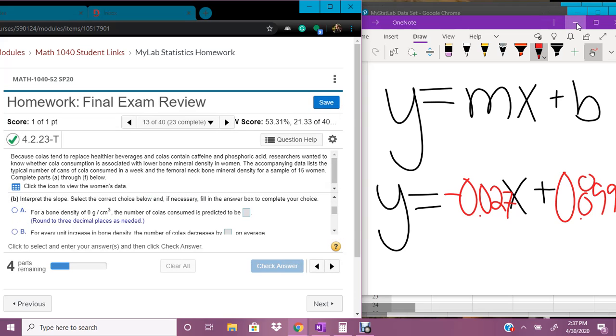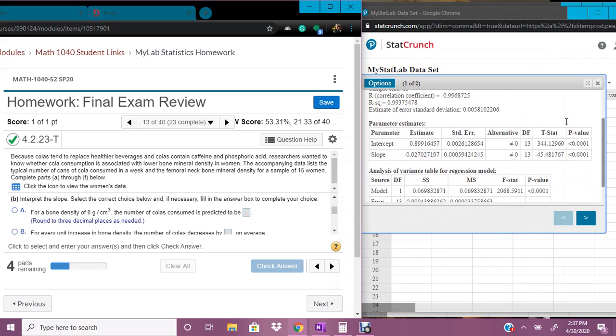Okay, so now we are going to interpret the slope.